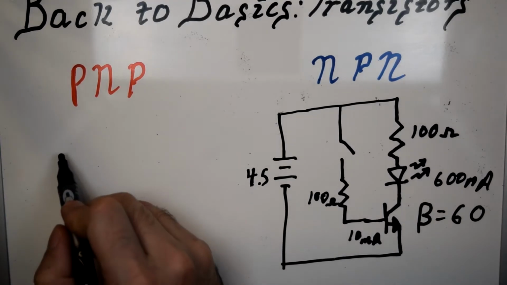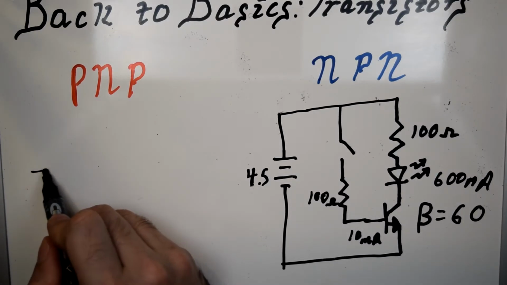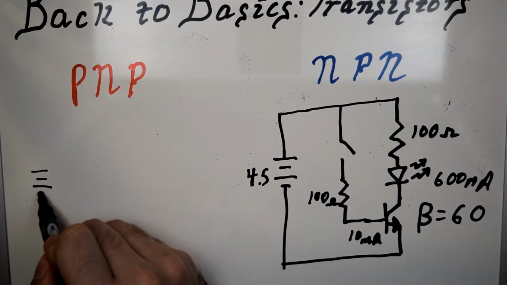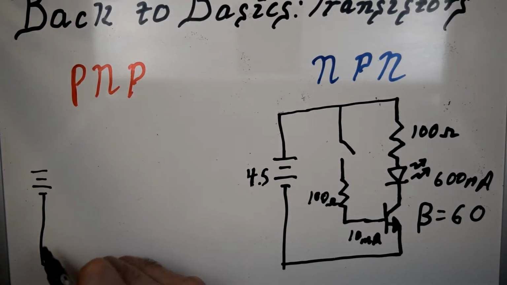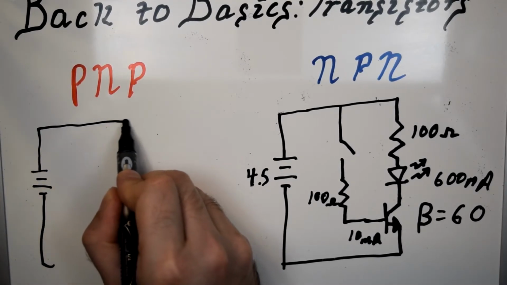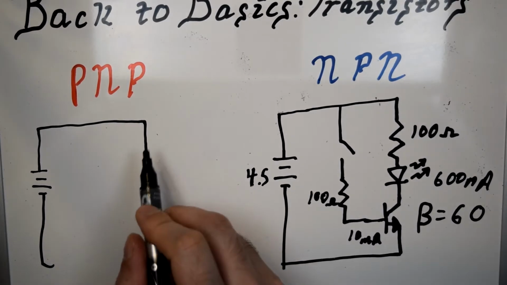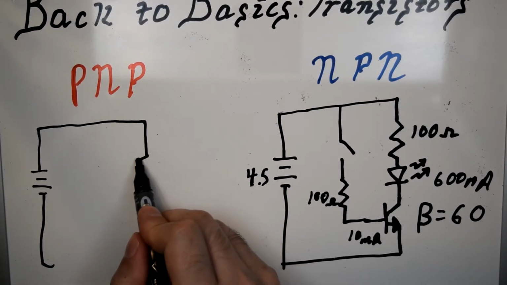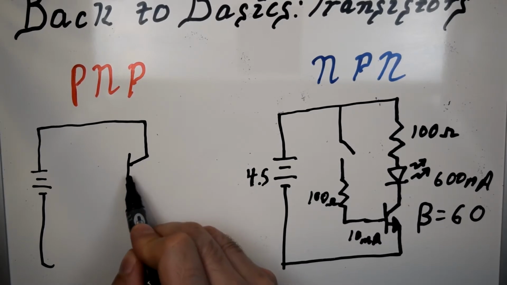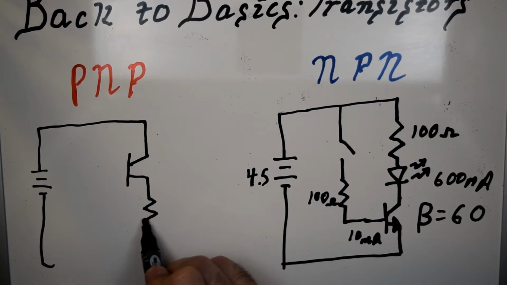Yeah. So with a PNP transistor, we're going to come over here, we're going to come down a little bit, and then the load is actually on this side.